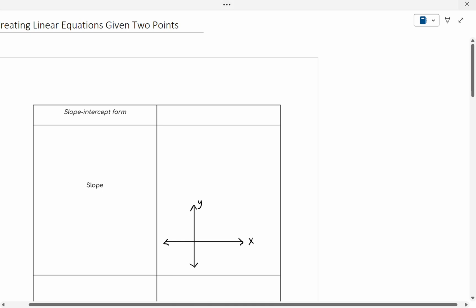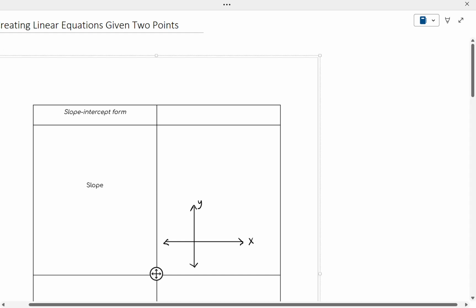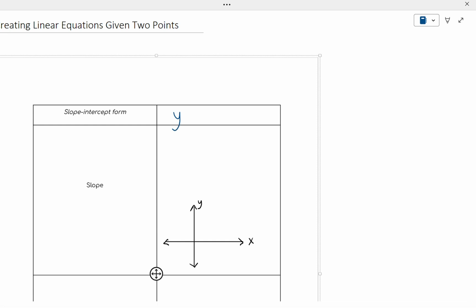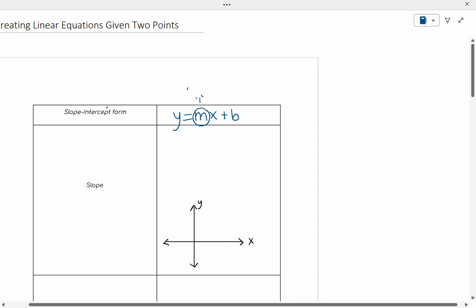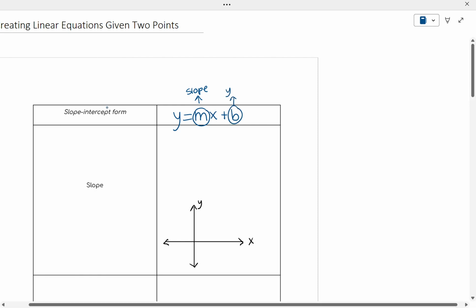Hey everyone, so in this video we're going to go over how to create linear equations given two ordered pairs. So remember that the slope-intercept form of a line is y equals mx plus b, where m is the slope, and b is the y-intercept.